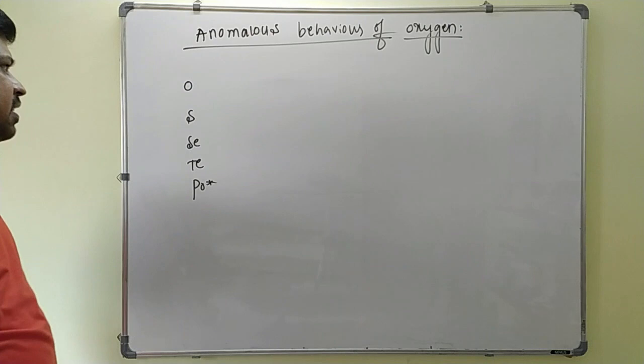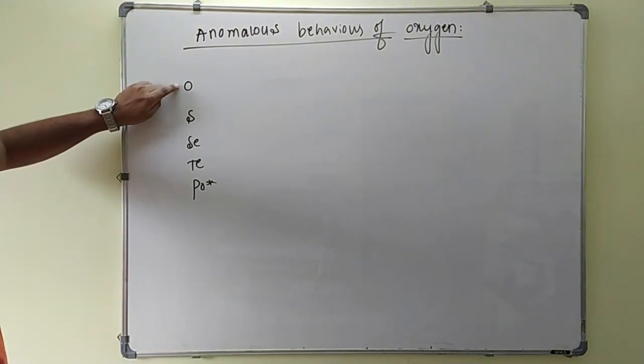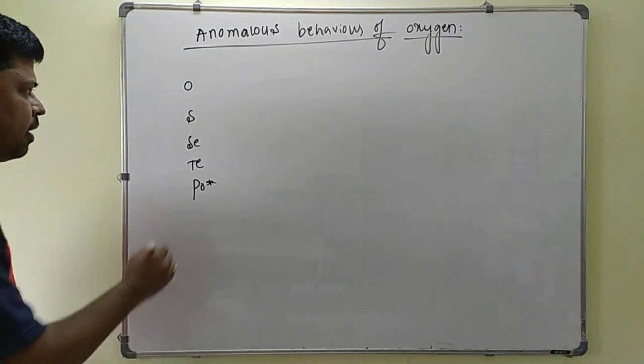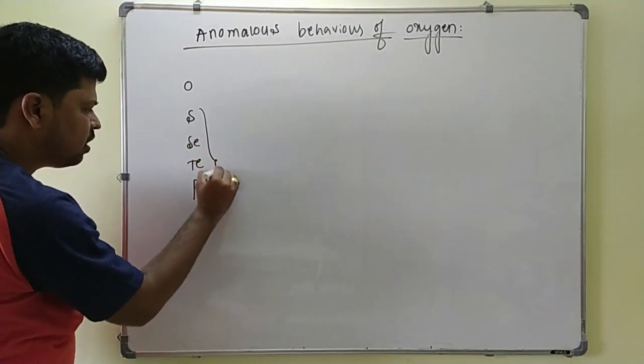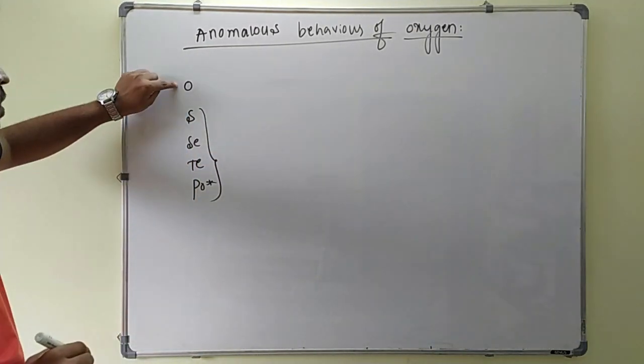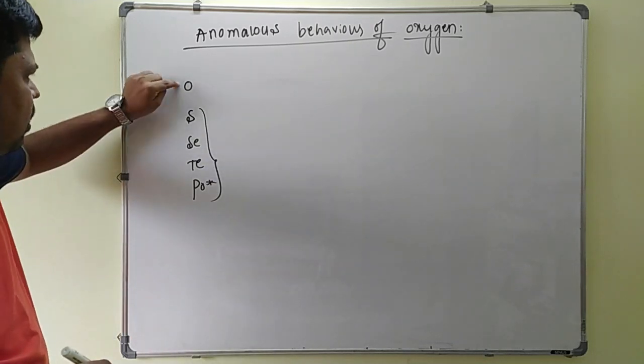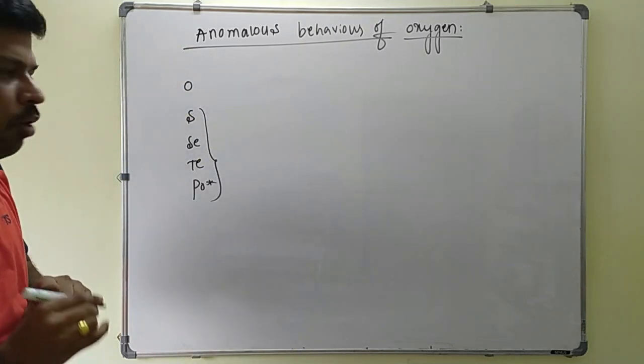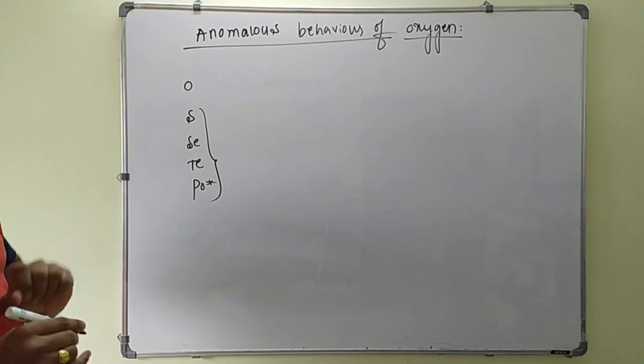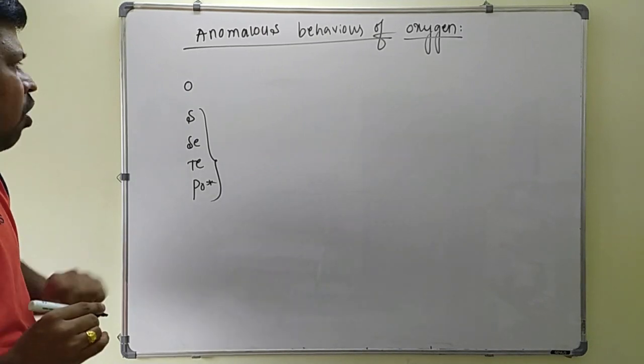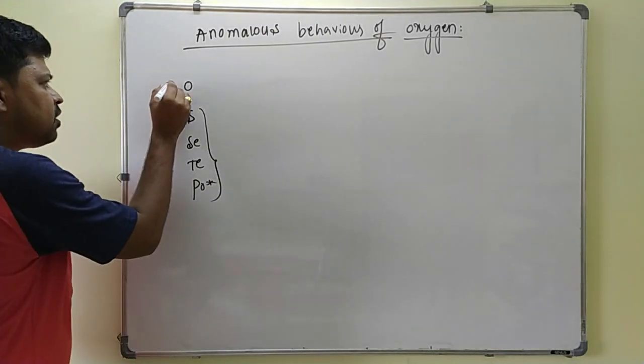Oxygen, being the first member, shows different properties than the remaining members. That property of oxygen is called anomalous behavior. The reason for this anomalous behavior of oxygen is because of its small size.